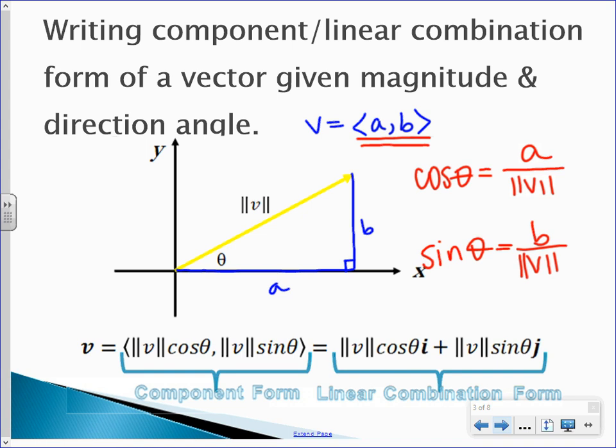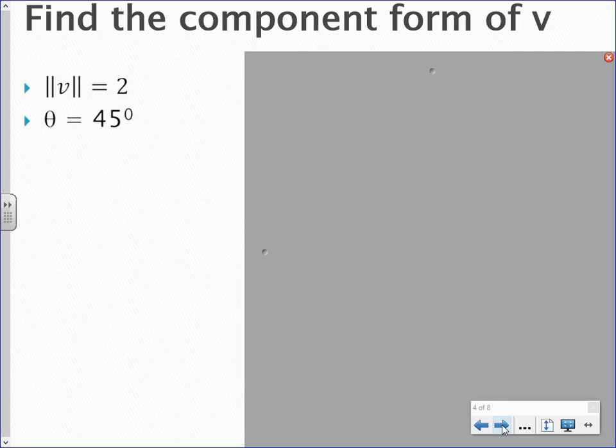So I have two examples for us that deal with putting a vector into component form. All right, we'll start off nice and simple. Some unit circle values here. Okay, so first example, I have a magnitude of 2 and I have a direction angle of 45 degrees.